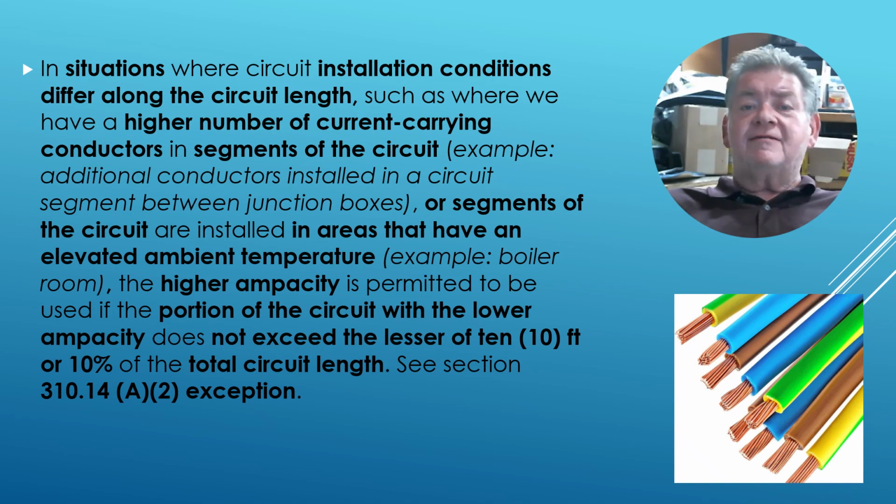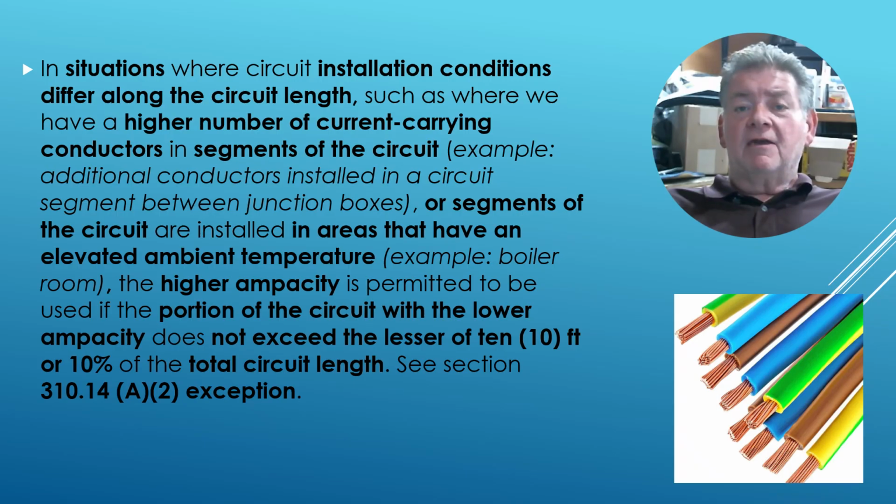Now, in some situations, you may have different conditions along the circuit length. Let's say we have a relatively long run of EMT. We have junction boxes inserted, and maybe in the middle of the circuit, or maybe from the panel board to the first junction box, maybe we pull additional conductors in there.